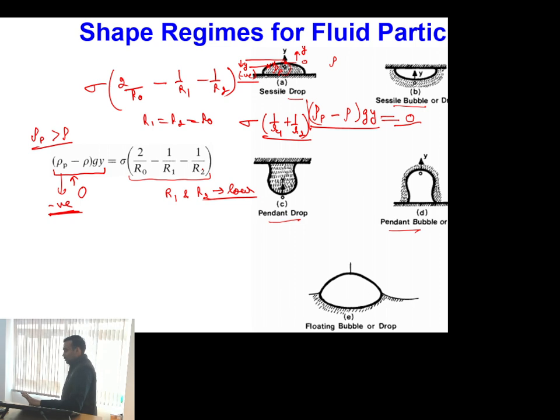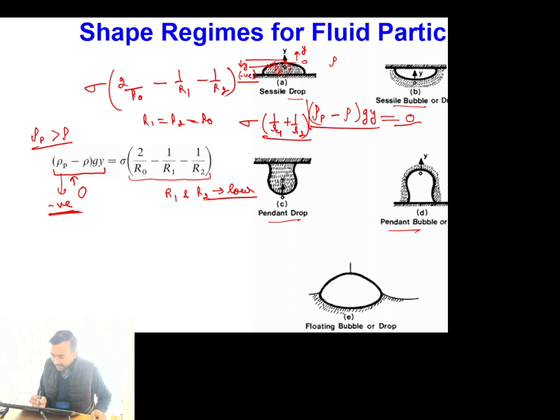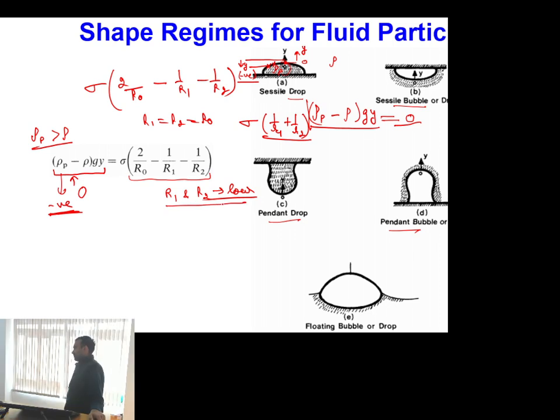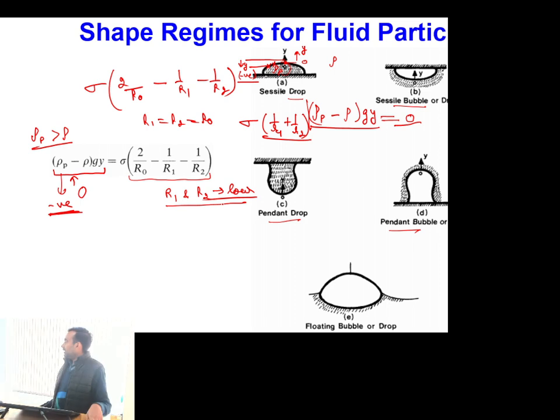Is this point clear? So it means that whenever I move away from the origin point on the interface of a pendant droplet, what happens? The mean radius of curvature of the interface decreases. All are clear with this point? Okay. Anyone is having any doubt?